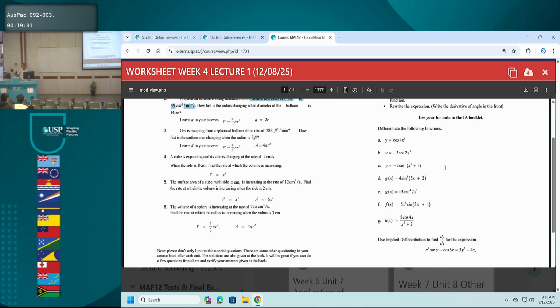Product rule, quotient rule, what else? Chain rule. When do we use the chain rule? Differentiating a composite function. Agree? What else? Implicit differentiation, and the other techniques. So my question to you is, what technique will you use for A?